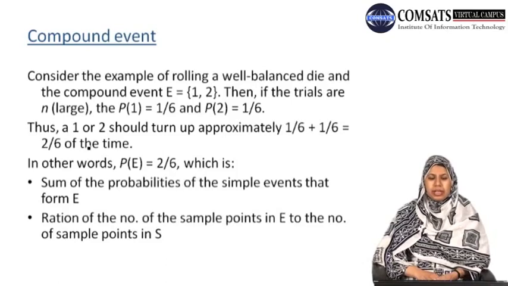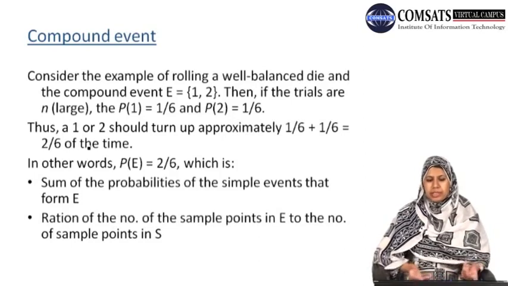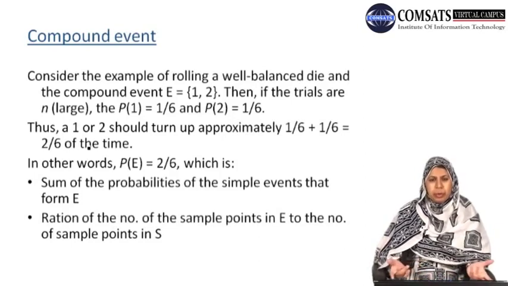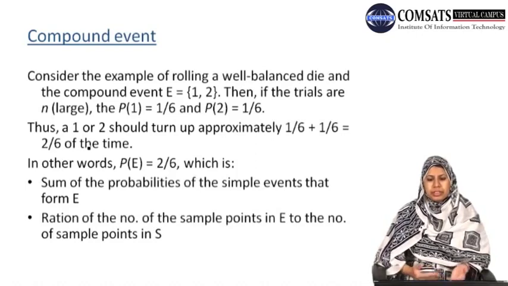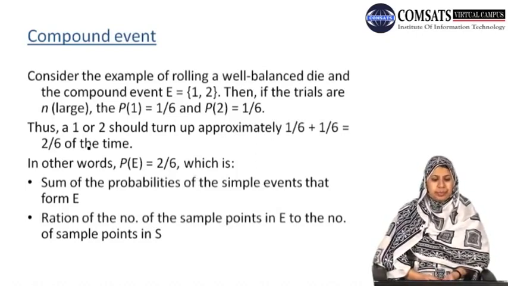Then if the trials are large and if the number of trials is n, which is large enough, then the probability that 1 will occur will be equal to 1 by 6, just as the case of the simple event, and the probability that 2 will occur is also 1 by 6. We have just seen it in the previous slide. Then a 1 or 2 should turn up approximately 1 by 6 plus 1 by 6.